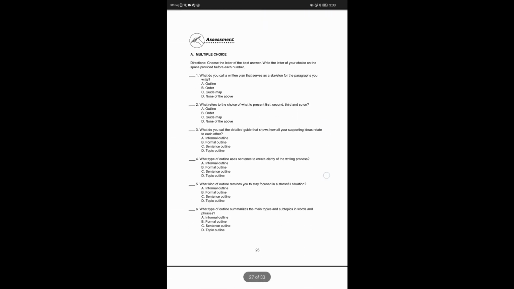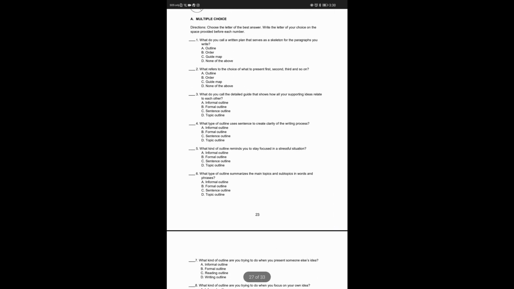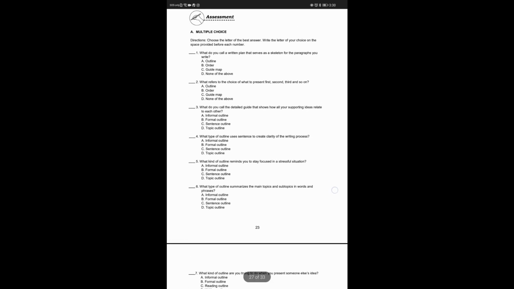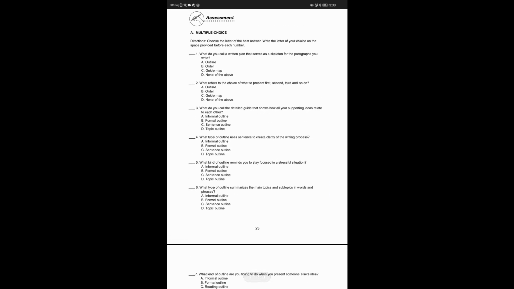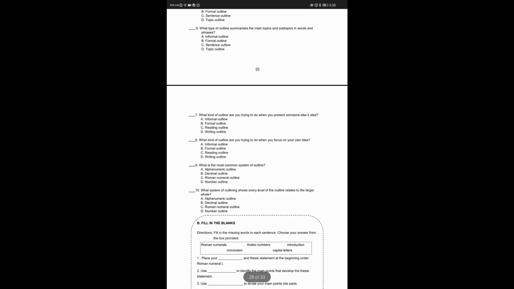And then finally, in the assessment, this is a 15-item multiple choice. Ayan. So, directions: choose the letter of the best answer. Write the letter of your choice on the space provided before each number. So, yan. Sulat nyo lang dyan yung sulat nyo. Okay. And then, for the second part, it's fill in the blanks. Although, it's still multiple choice kasi may choices pa rin namang binigay.